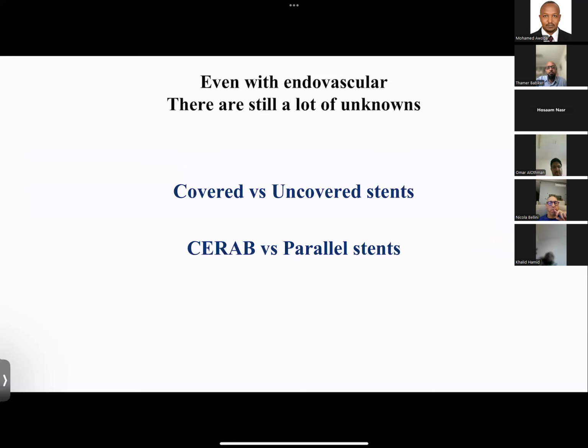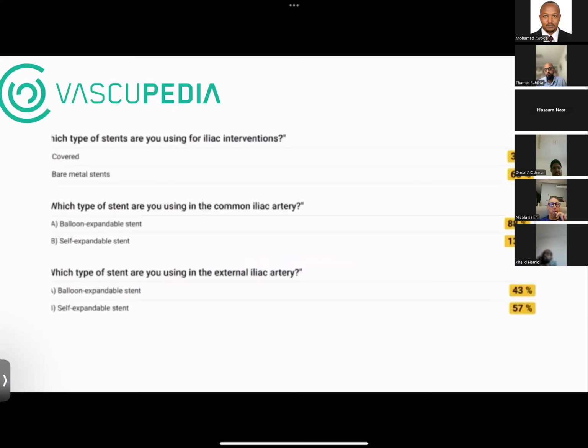And even with endovascular intervention, there are still a lot of unanswered questions. Do we use covered or do we use uncovered? Do we use CERAB if you're going to be dealing with an aortoiliac segment, or do you use parallel stents? And again, we don't know. And this actually got my attention because there was a talk on Vascupedia, which is an online platform that I recommend to everybody.